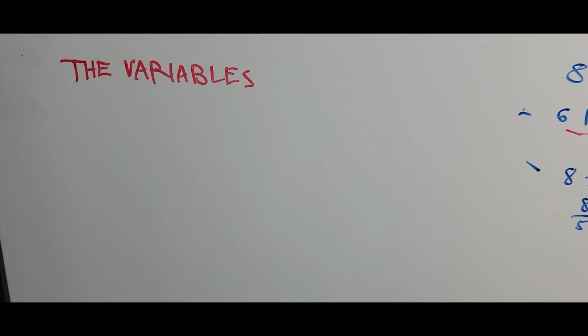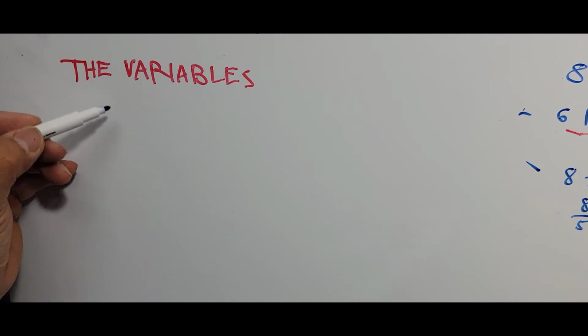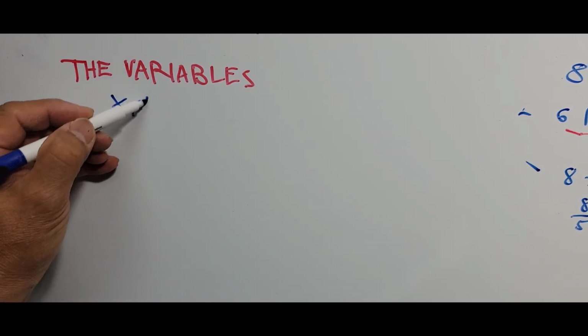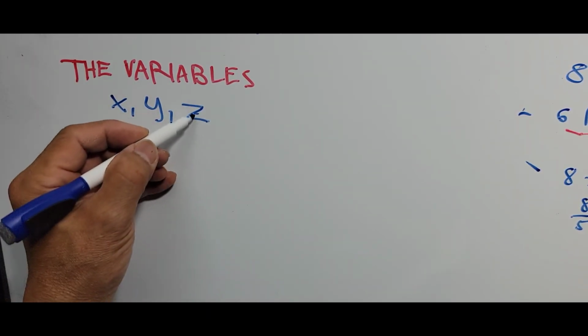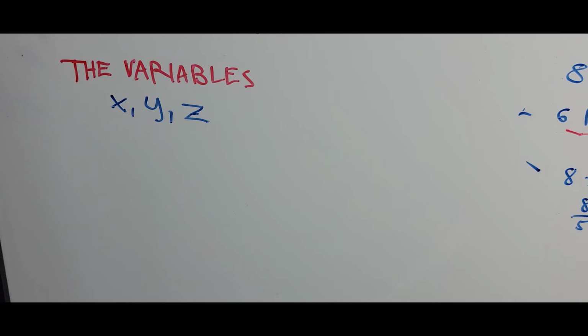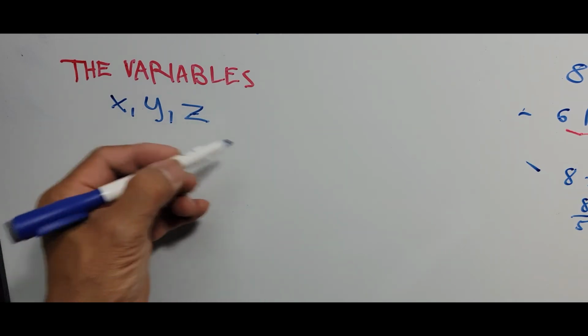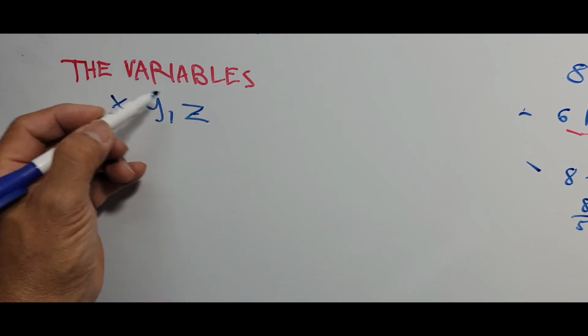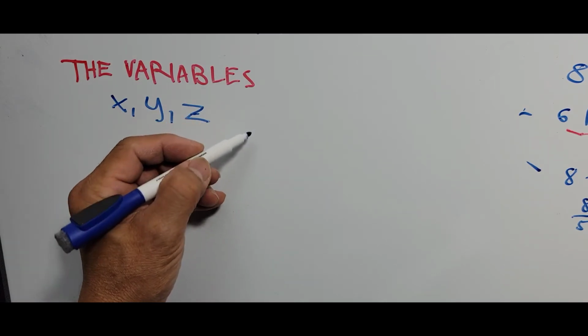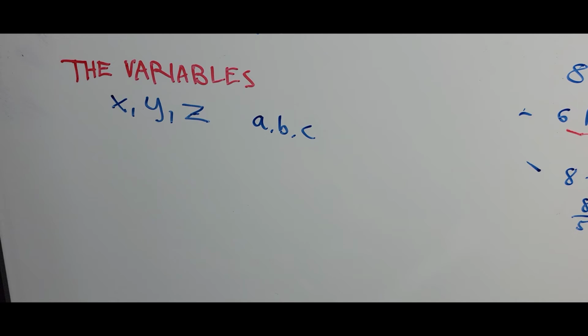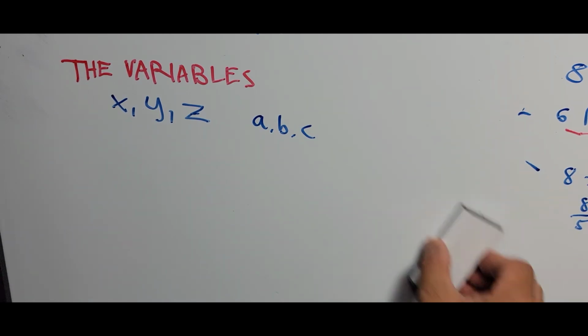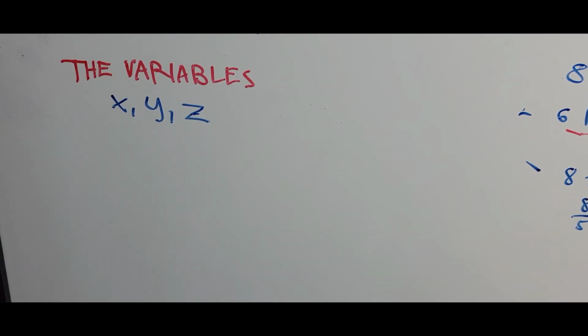Normally, variables are represented by the letter X, Y, or Z. You can also designate variables with A, B, or C, either way. But normally we just signify them as X, Y, Z.